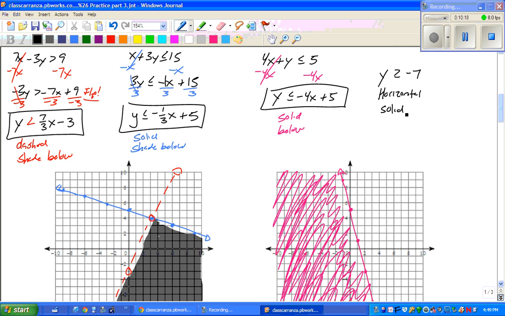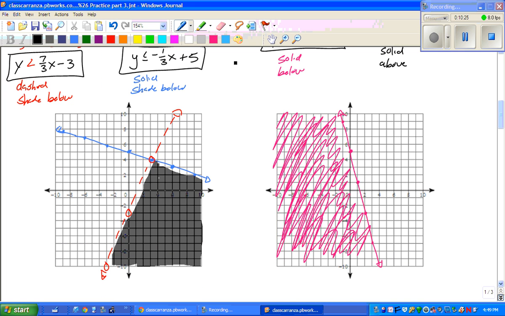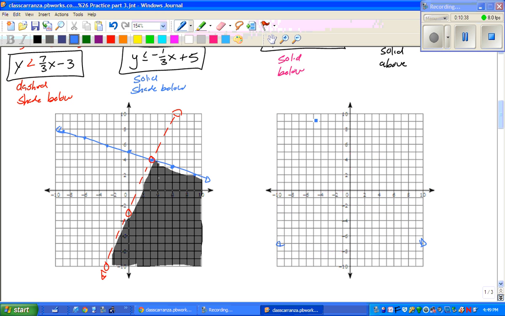It's solid, and we're going to shade above. So at negative 7 right here, you draw your line, and you shade everything that's above.